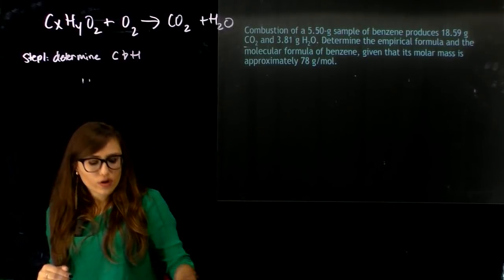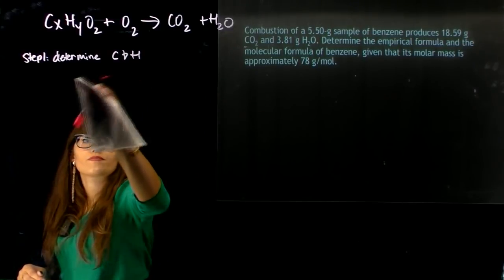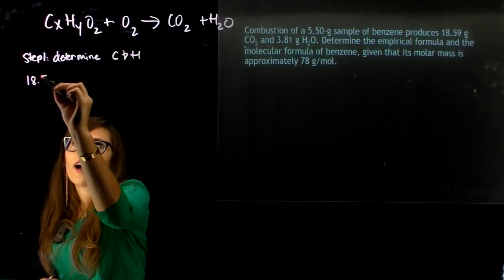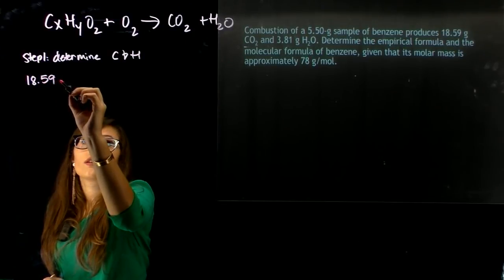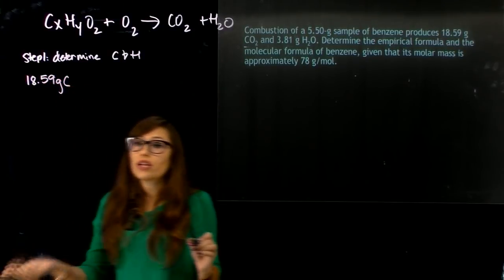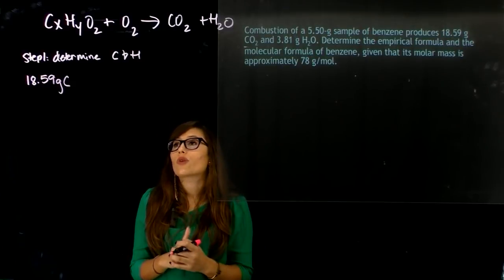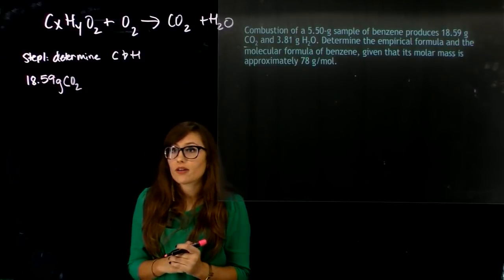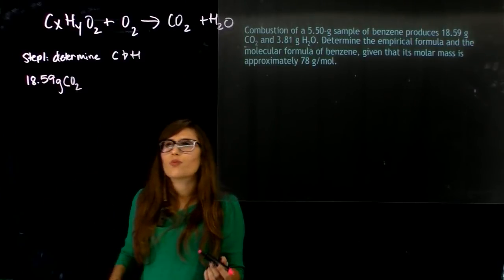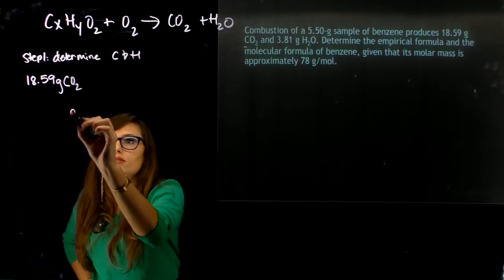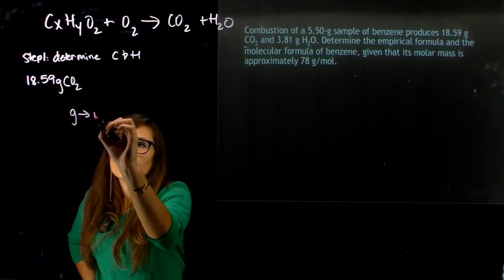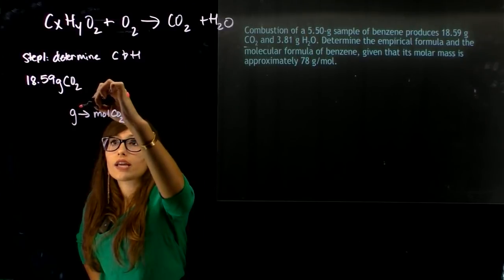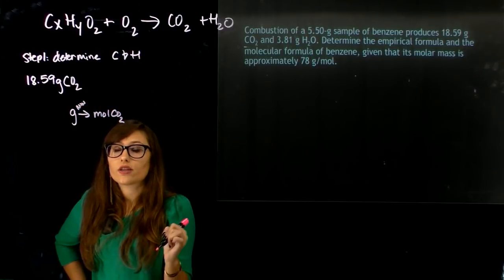So for step 1, let's start off with carbon. They give us an 18.59 gram sample of CO2, and we need to go to the mass of carbon. To do this, we go from grams to moles of CO2 using the molecular weight for CO2.